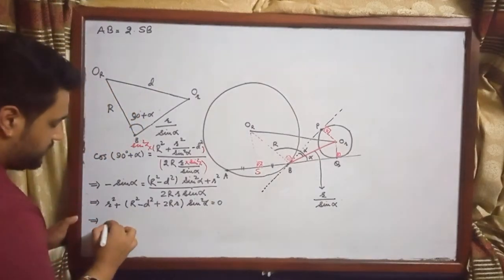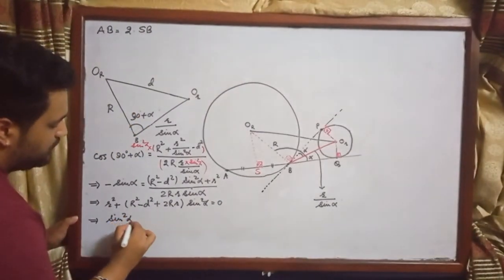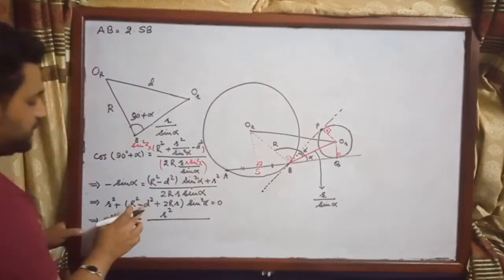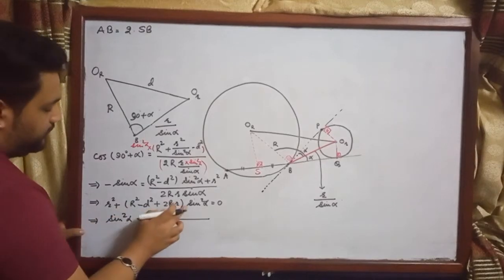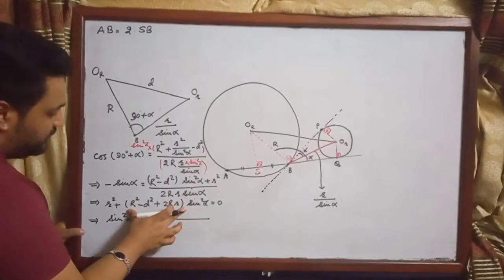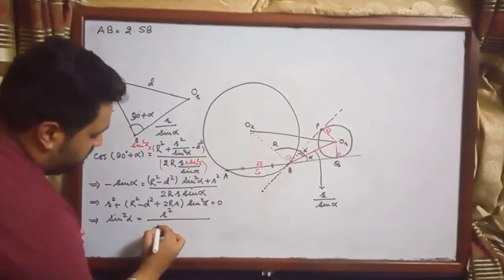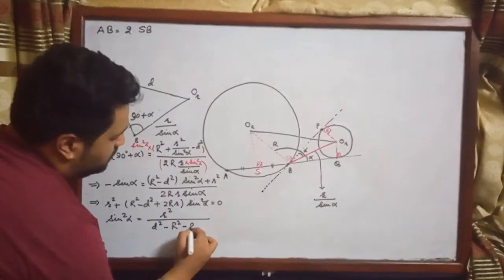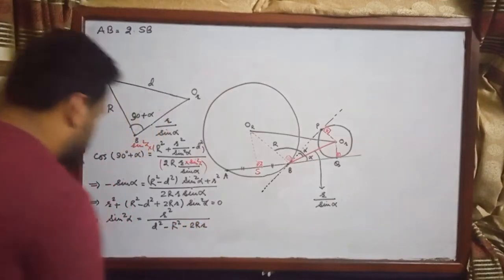So sine squared alpha is equal to r squared over the negative of the additive inverse of this quantity, which is d squared minus r squared minus twice r.